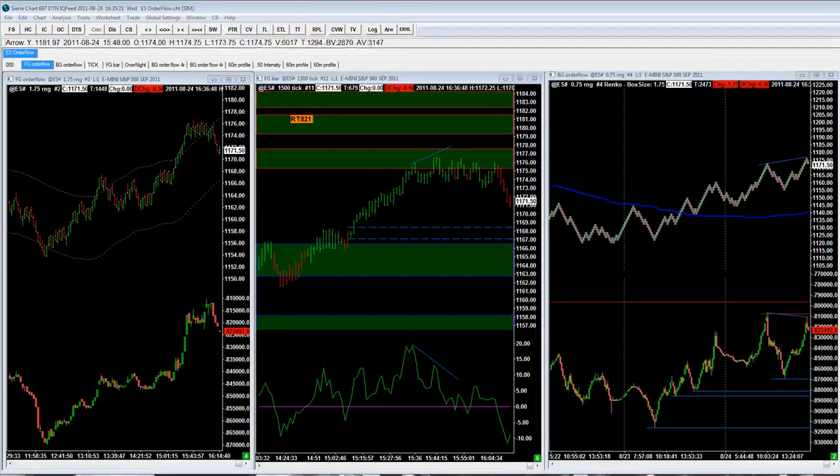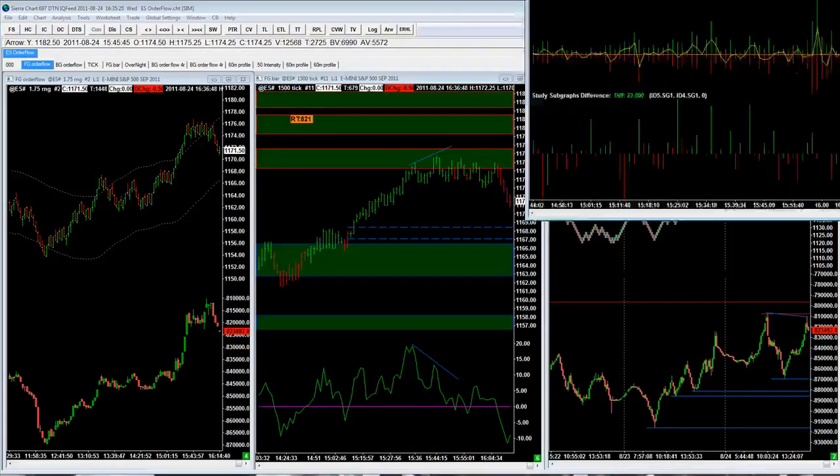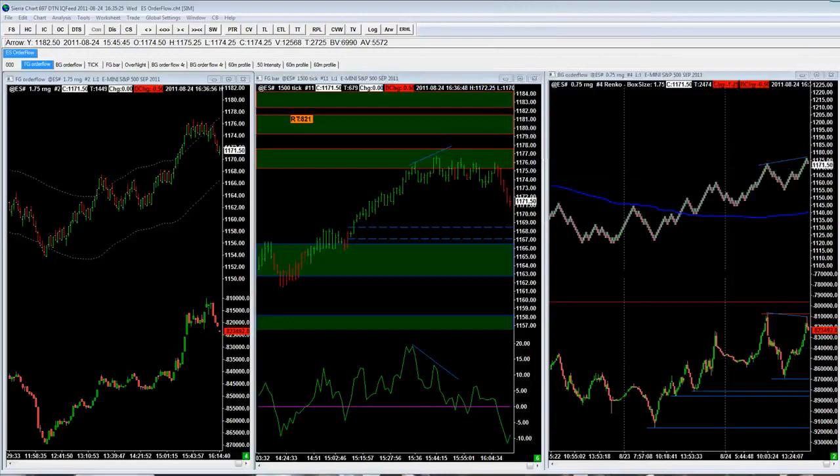In fact, let's bring this over real quick and give you a good little visual of capitulation. Let me switch something here first.